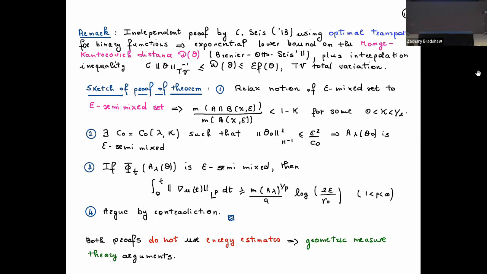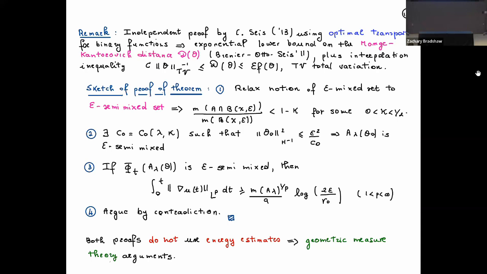So first of all, you have to relax a little bit the notion of mixed set to go to semi-mixed, okay? Semi-mixed simply means that you have one-sided bounds in the definition of mixed that we have. And then you do basically a proof by contradiction. You prove that there exists a constant, which of course depends on lambda and also on this kappa, although this kappa is in some sense less important, such that if the H^{-1} norm is small enough, then the corresponding level set is semi-mixed.